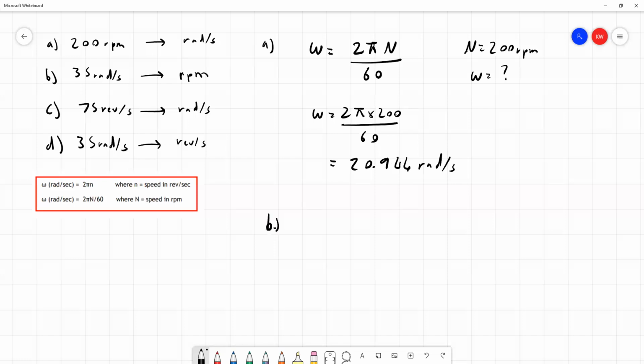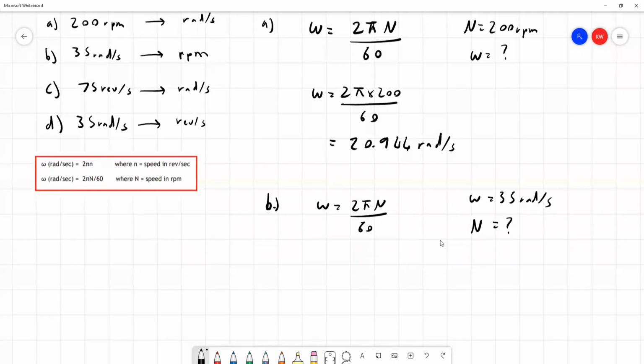In part B, we're being asked to do the opposite conversion. So in part B, we need to use the same formula, omega is equal to 2 pi n over 60. But this time we've been given omega is 35 radians per second, and n is unknown, the value in RPM. We can use the same formula because although we have a different value, we're substituting into a different part of it. So this time we have a value for omega, so we put our 35 in here.